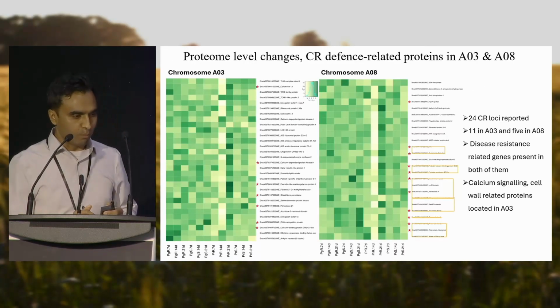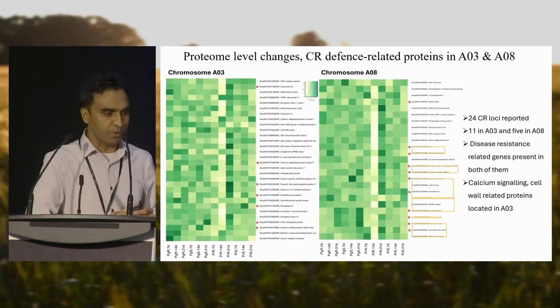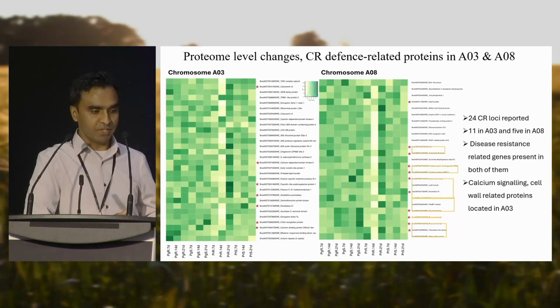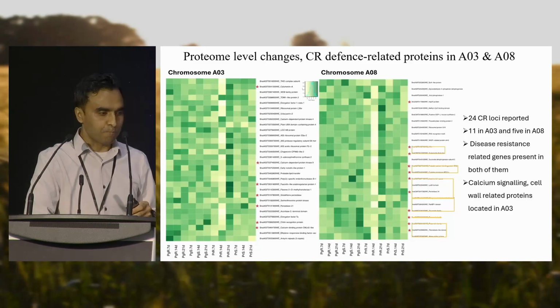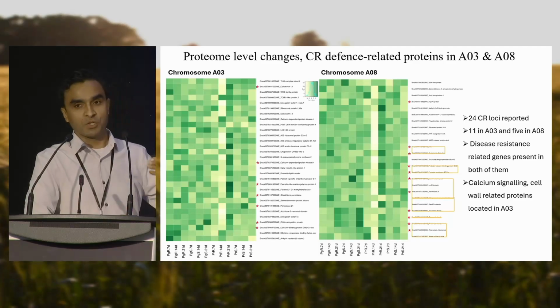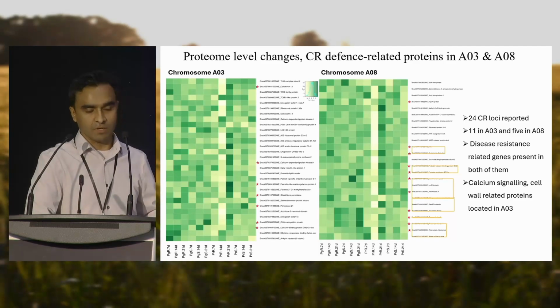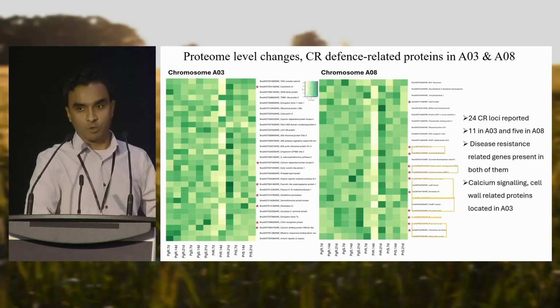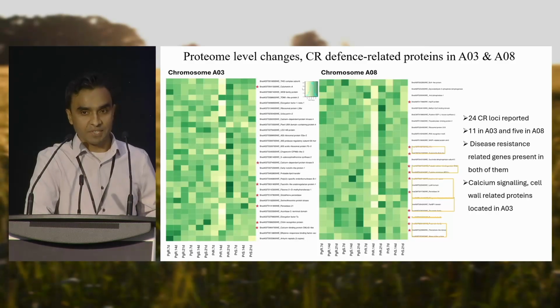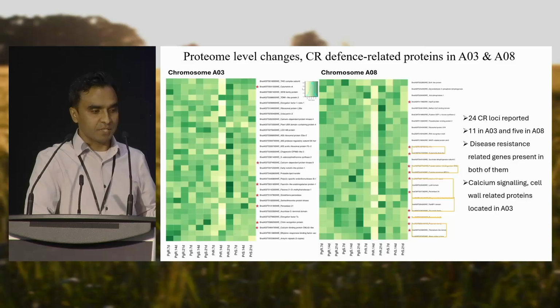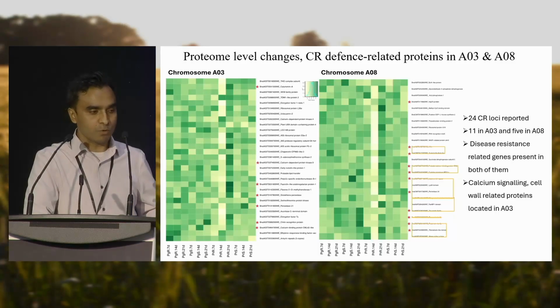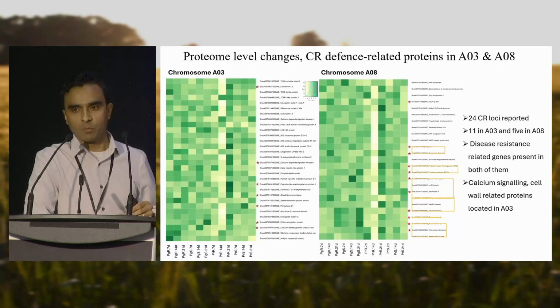I'm sure if you're working on the molecular part, you're familiar with chromosome 3 and chromosome 8. Depending on what genotype or what species you derive the resistance from, Brassica rapa, or the rutabaga, or Brassica oleracea, in most cases we have seen the genes and the QTLs are housed in those two chromosomes or linked to those two chromosomes, especially chromosome 3, which has quite a bit of genes involved with resistance and also cell wall biosynthesis.